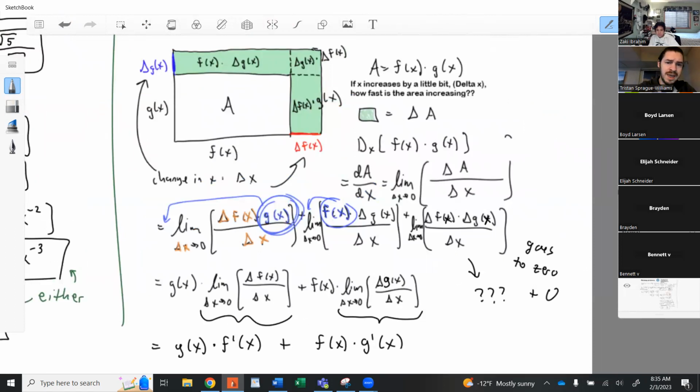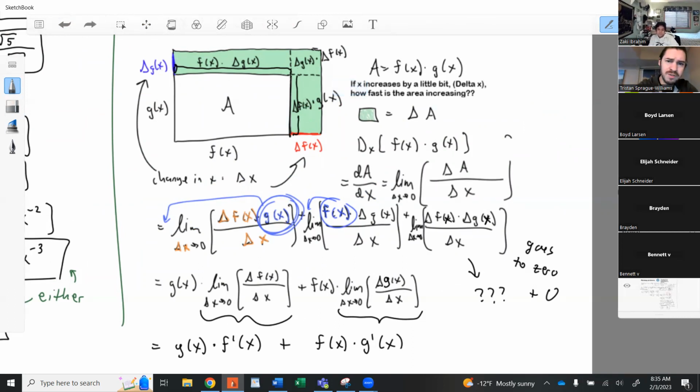But I think it kind of makes sense, because if you imagine delta x getting smaller, right? If you think about this limit as delta x goes to zero, this is getting tiny, and this is getting tiny, but they still have this genuine length to them, which gives them some substance. This contributes to g prime and this contributes to f prime.